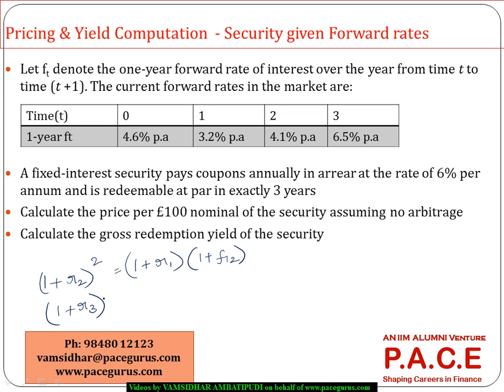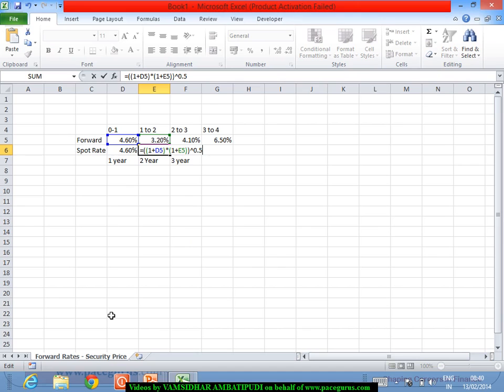(1 plus R3) squared is equal to 1 plus R1 into 1 plus the forward rate between 1 and 2 into 1 plus the forward rate between 2 and 3 years. So this is (1 plus R3) cubed because this is for a 3-year period. So the R3, which is the 3-year spot rate, will come from that process.